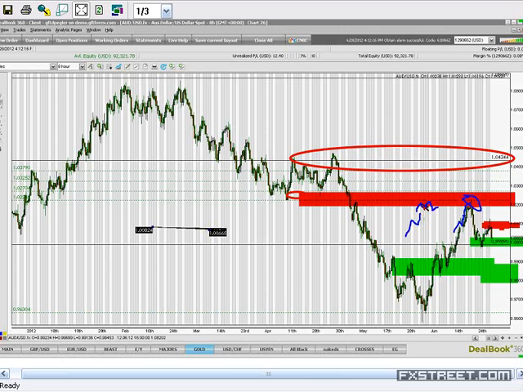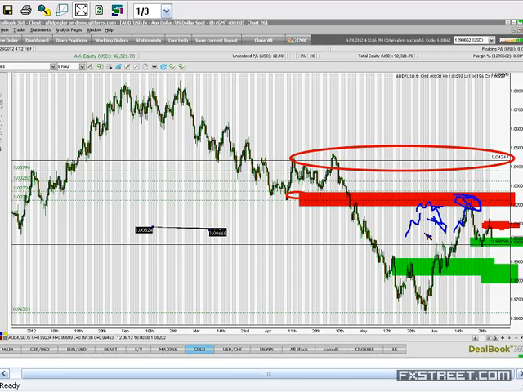Then all of a sudden you see it base out and make a lower high, and stochastics rolled over. Give that a shot. Why is that a proposition? Because it's come off your daily support. That's why it's attractive and meaningful.